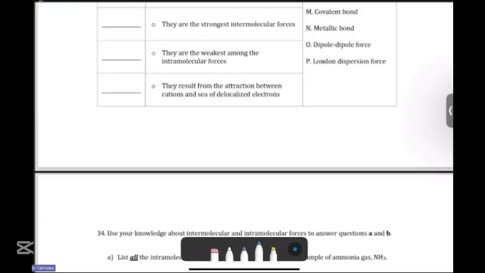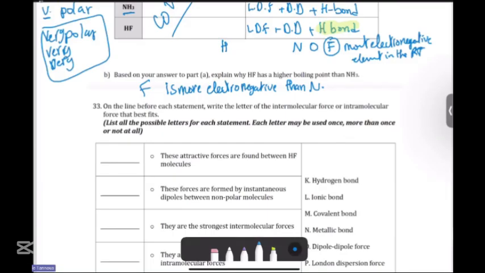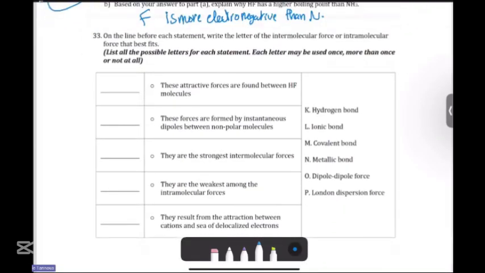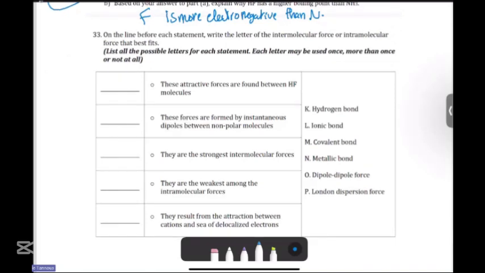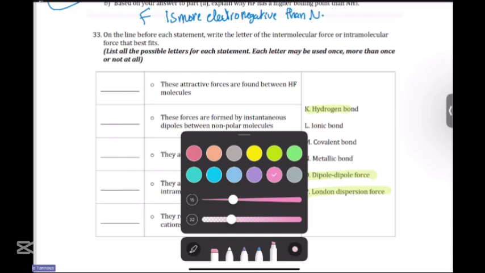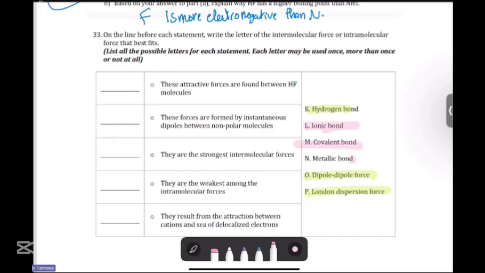Now, I'm moving faster because I have another session. So one line, okay, so we're going to match. So let's see. Hydrogen bond, dipole-dipole, London dispersion forces are the intermolecular forces, whereas ionic, covalent, and metallic are the intra.